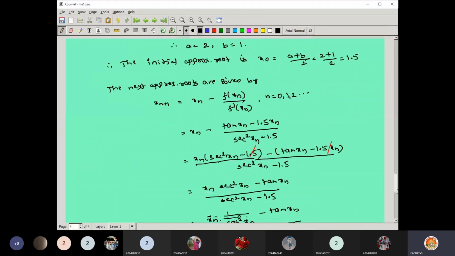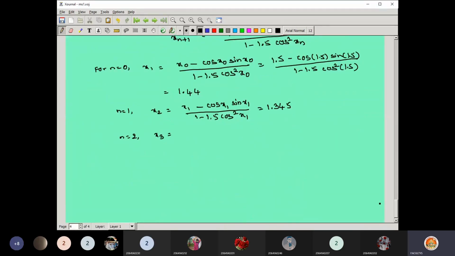I think maximum you will get the answer here. It is x2 minus cos x2 sin x2 divided by 1 minus 1.5 cos square x2. So that x2 value you can substitute.